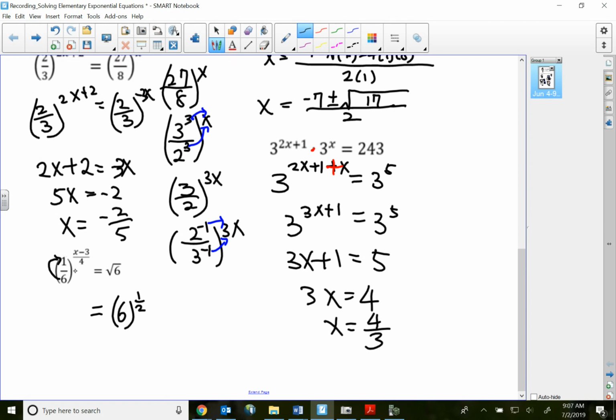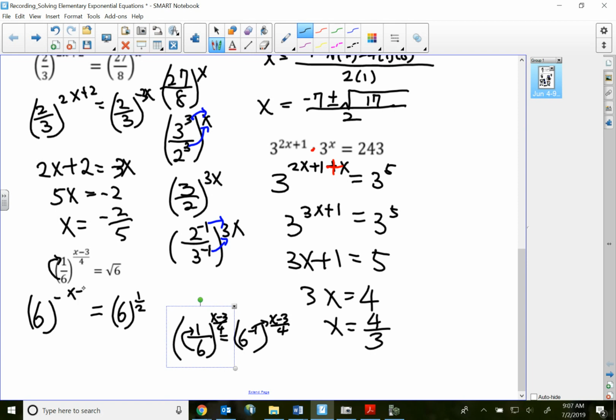Once it flips, I will have a negative exponent. 1 over 6, flipped back to the top, becomes 6 to the negative 1 power. Since I already have an x minus 3 over 4 on the outside of it, we can push this negative sign back out to the exponent. So that will give me 6 to the negative x minus 3 over 4.